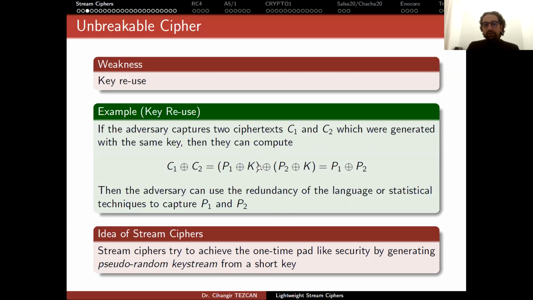So instead of choosing a very long one-time pad as the key, use a short key like 128 bits and design an algorithm so that from this short key, we can produce a very long, random-looking sequence of zeros and ones, which we will be calling the key stream, and use it instead. This is the main idea behind stream ciphers.